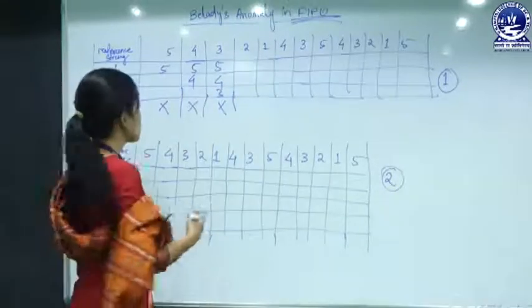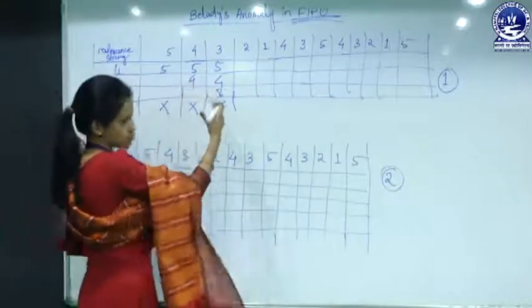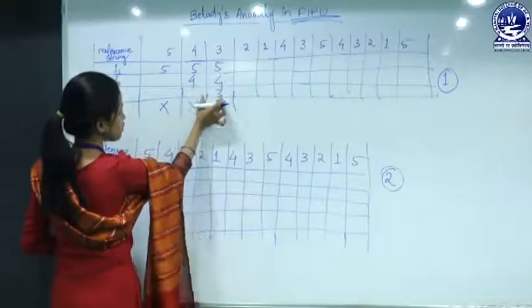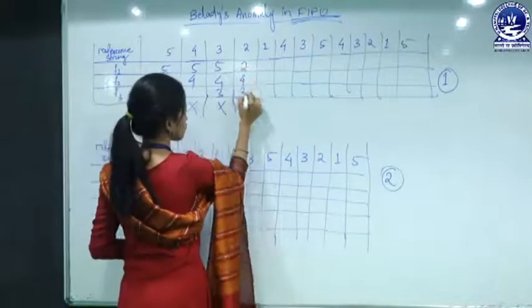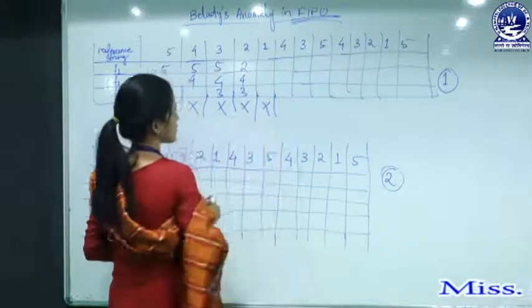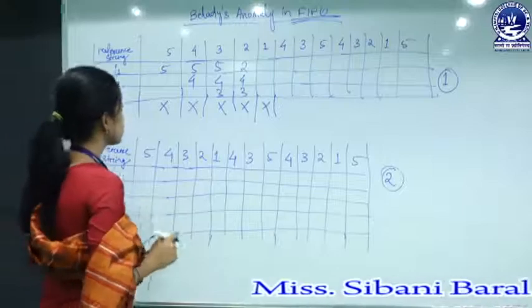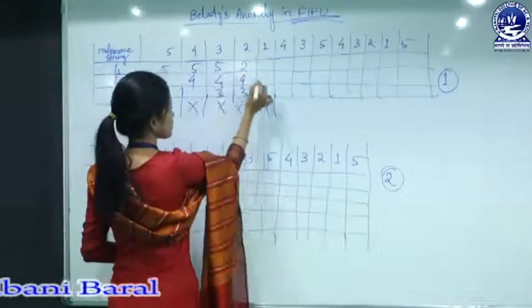According to FIFO, we take the oldest page. So 5, 4, 3. Here 5 is replaced by 2: 2, 4, 3. Here also it is a page fault, and again page fault. So 2 is recently used, and 4 and 3. 4 is replaced by 1.